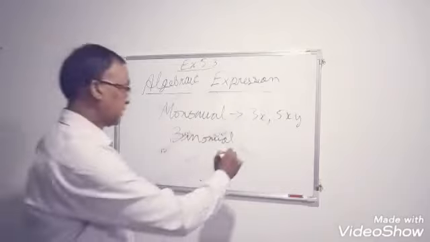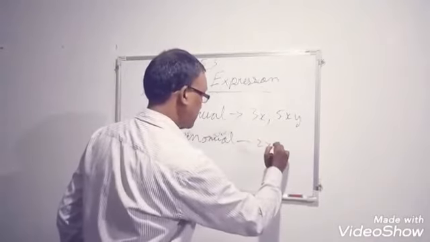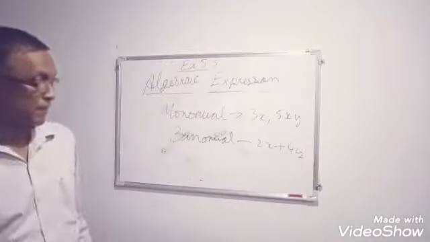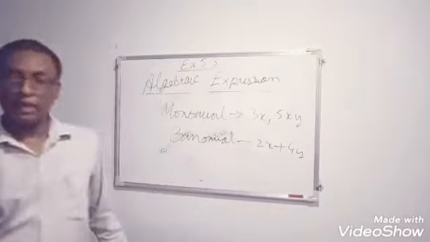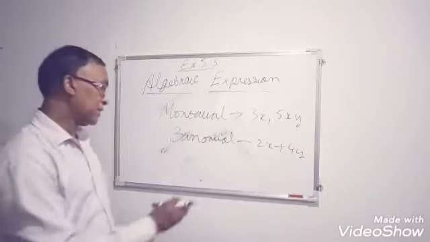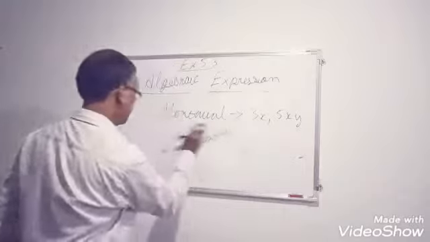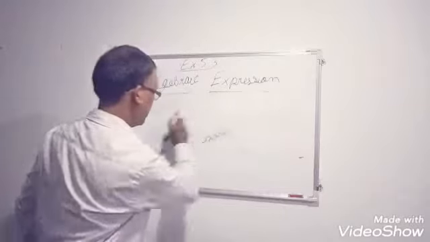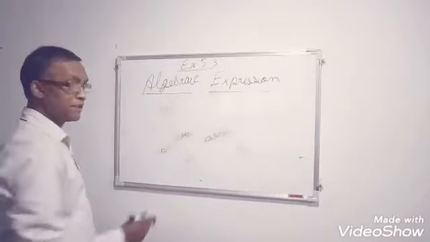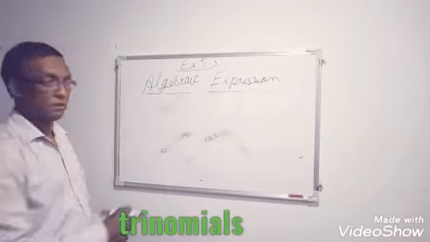Two terms, right? If I write 2x plus 4y, two terms are there, so definitely it is a binomial. Two terms are there in this algebraic expression. If it is 3 terms, then it is a trinomial.